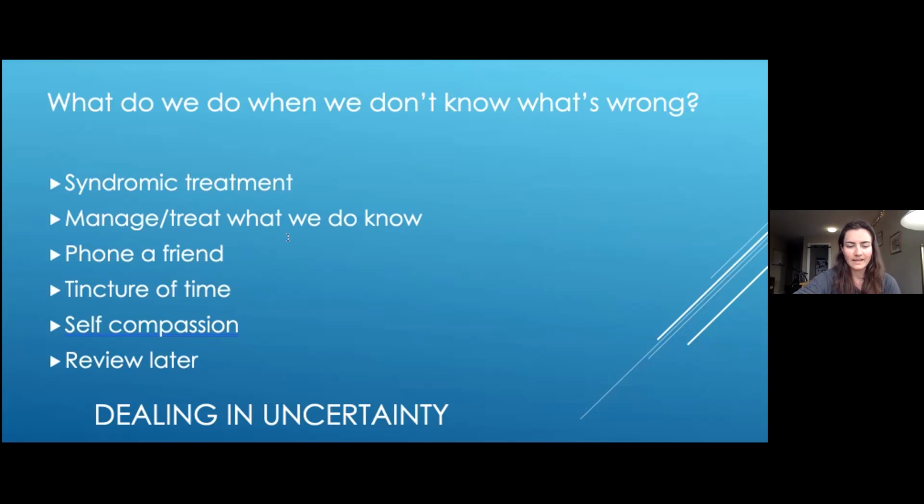And then, phone a friend. This is something I think it's good for us to keep in mind. I'm sometimes shocked when I rotate on our elective subspecialty services by some of the consults we get from other services in the hospital. But remembering that when a consult is called, it's because somebody else has run up against their limitations.